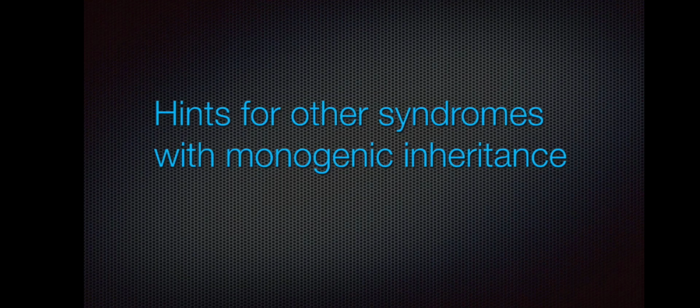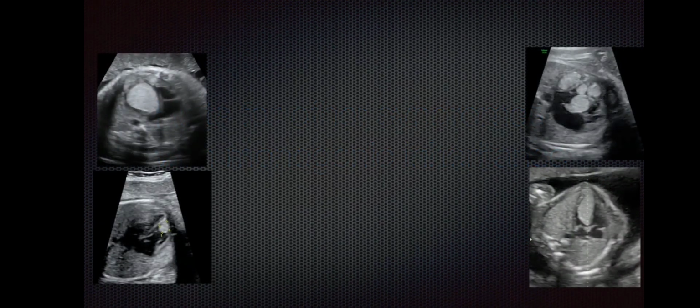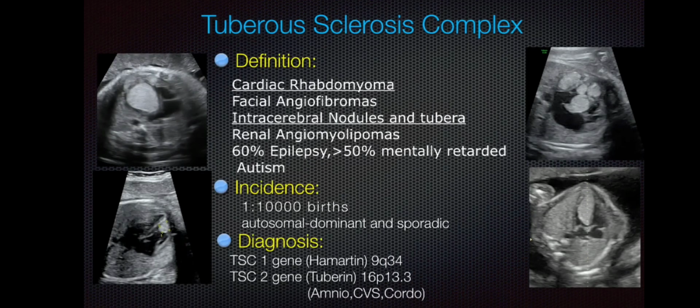Now, I will finish with other syndromes, not typically brain syndromes, but also you can detect them or see them in the brain, like, for example, the tuberous sclerosis complex. Here, typically, and these are cases you detect more easily because they have large rhabdomyoma.